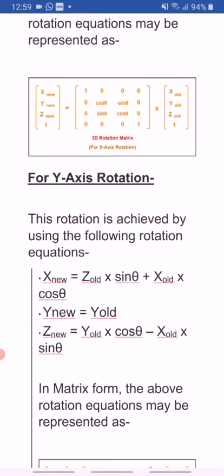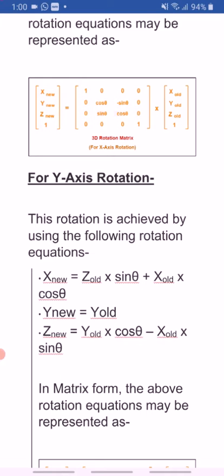Then coming to y-axis rotation, the rotation happens about the y-axis. So here the y coordinate will be the same. There is no change in the y coordinate. Now we can find the other new coordinates x new and z new. The equation for that is x new equal to z old into sin theta plus x old into cos theta.